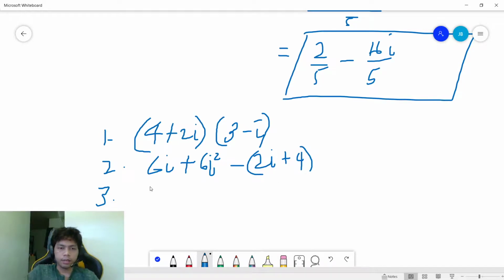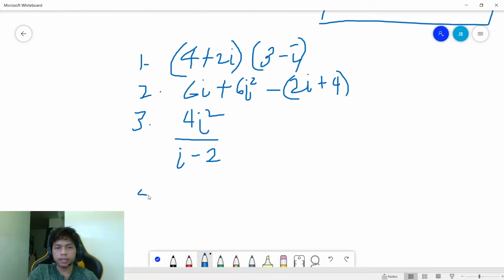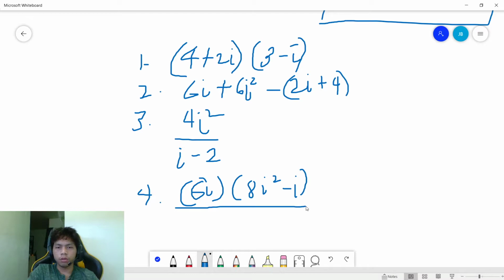Number 3 is 4i squared over i minus 2. And then number 4, let's say 6i times 8i squared minus i, all over 6 minus i.